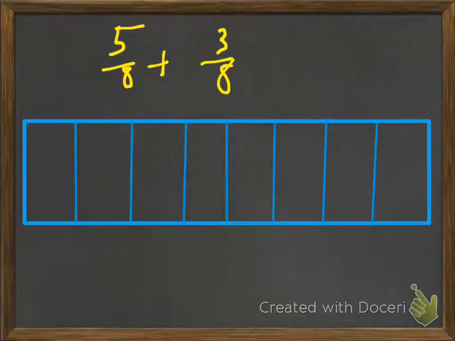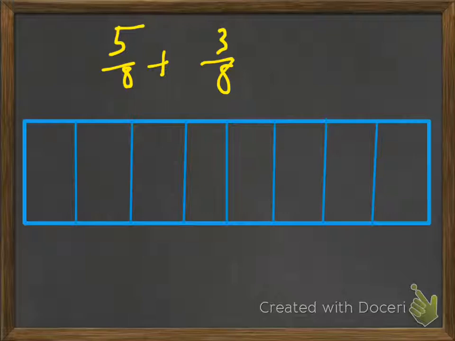Let's try another one. Let's say you had 5/8 plus 3/8. Go ahead and pause the video, add this up, and see what you come up with. Good luck. Alright, how did you do? Well, let's go ahead and shade it in.